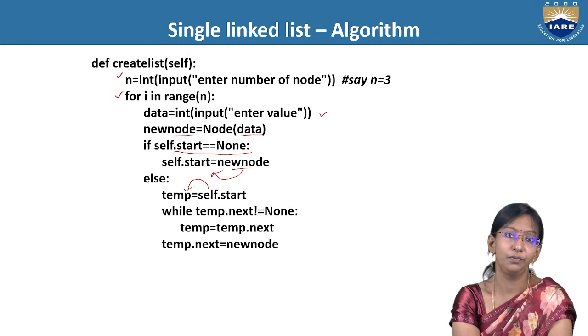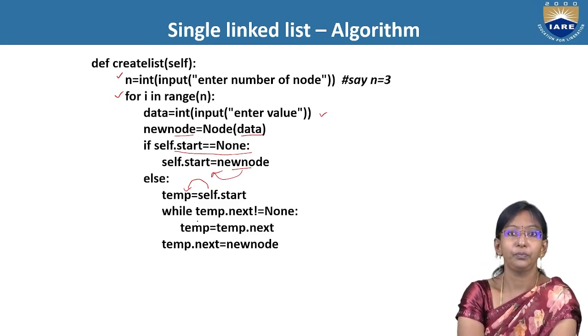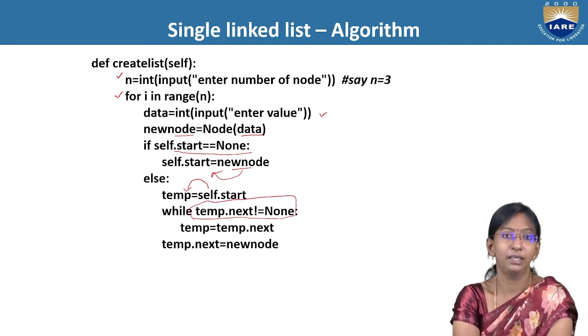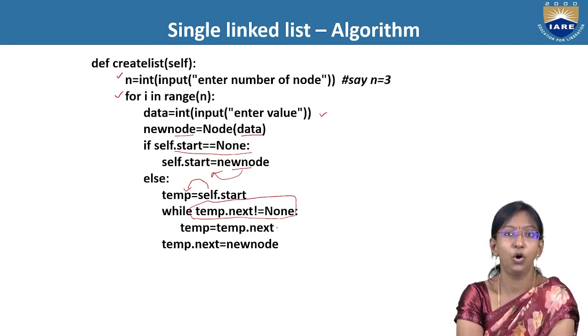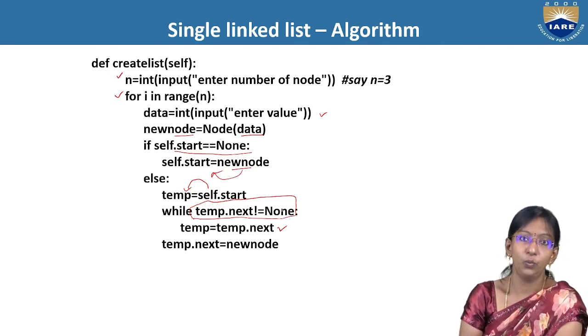What is the beauty of the last node? Its next part, that is the address part or the link part, will be None, which specifies that it is the last node. There is no node after it, right? So I'm going with this while loop and this condition, and I'm going to take hops until my temporary node's address part, that is the link part, is None.